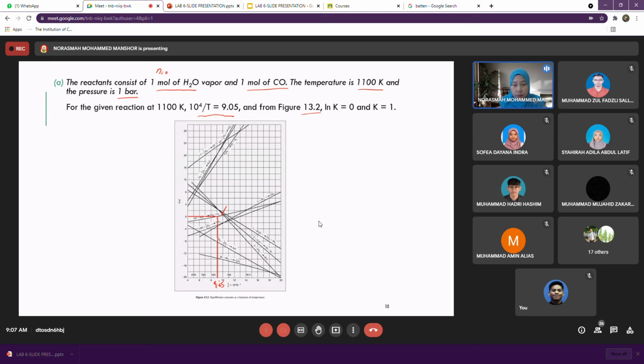You make a straight line at 9.05 up to the reaction line, and then you make a straight line to ln K. So ln K is equal to 0. So K equals 1. So you can find the K from figure 13.2.